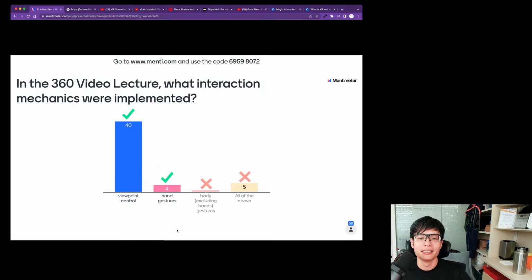Okay, good. Still, some of you are choosing the other answers. And you may be wondering, how come this is still correct? It's not an error on my part.